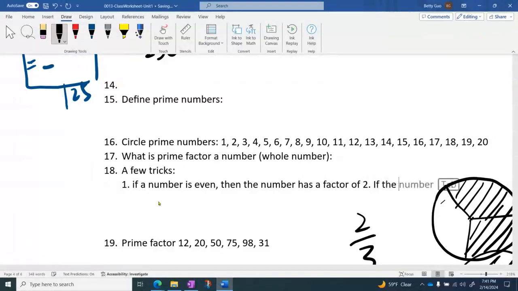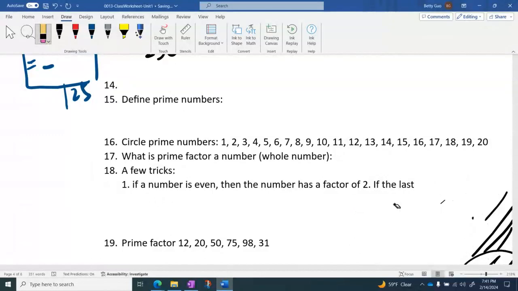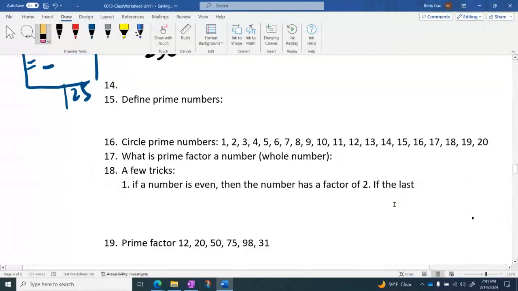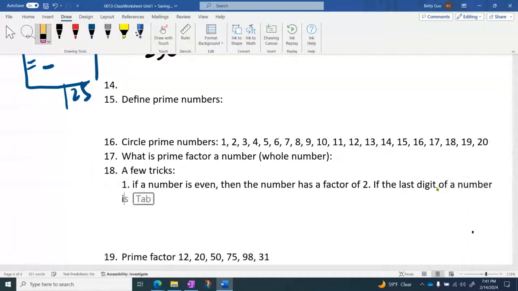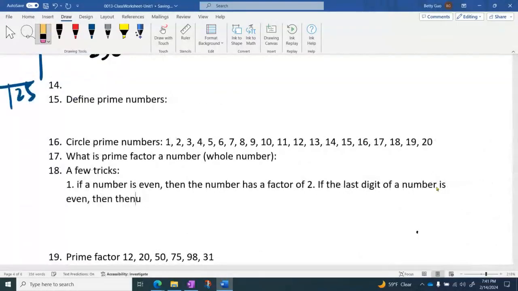Also, if the last digit of a number is even, then the number has a factor of 2.